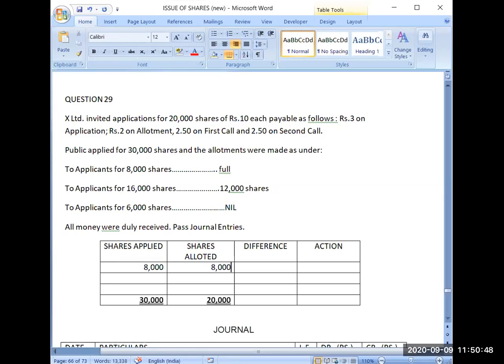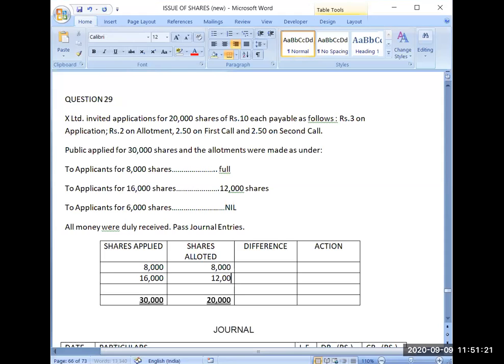Yes. Now the second category. Number of applications in the second category is 16,000. And number of shares allotted is how much? Yes, very good.